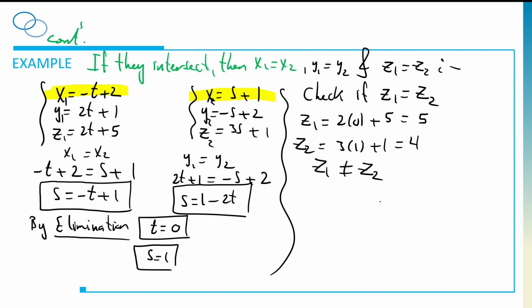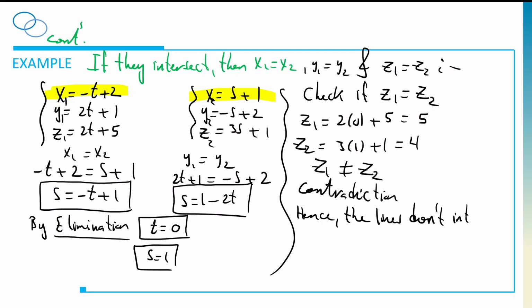So that means our original assumption leads to a contradiction. This is a contradiction for our original assumption. Hence the lines do not intersect. So now what do we see?